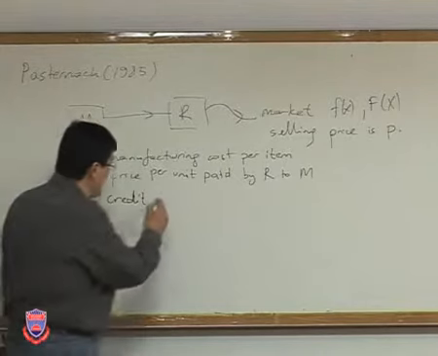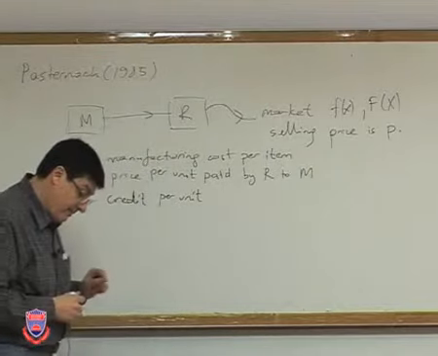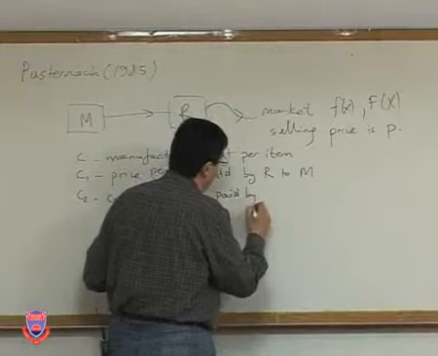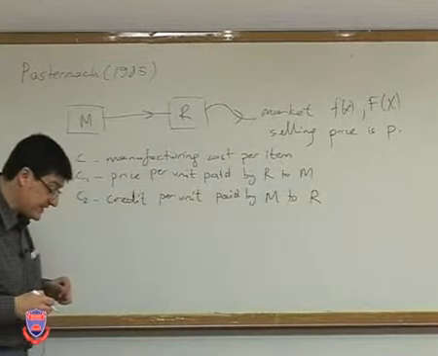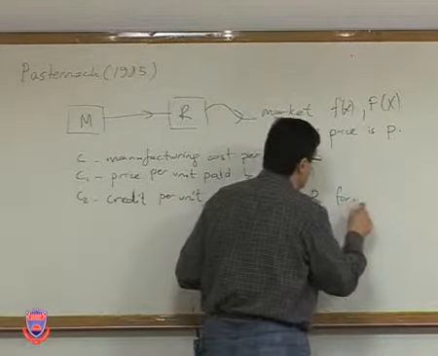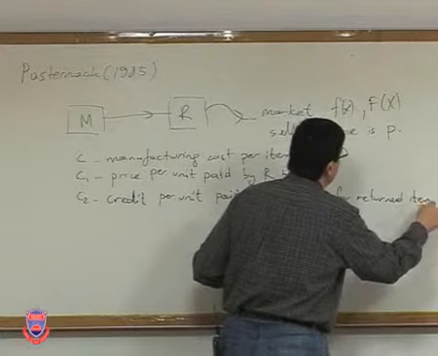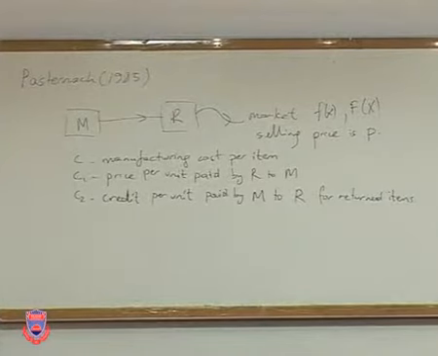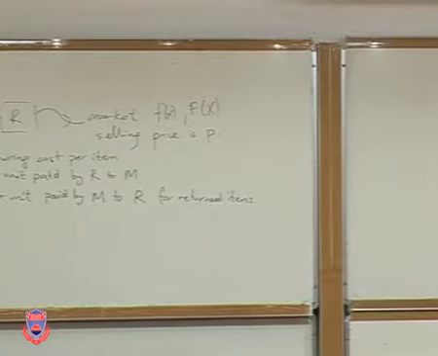So this is the credit per unit paid by the manufacturer, paid by M to R, for returned items. So here we are assuming that the manufacturer can accept items that are not sold as returns.